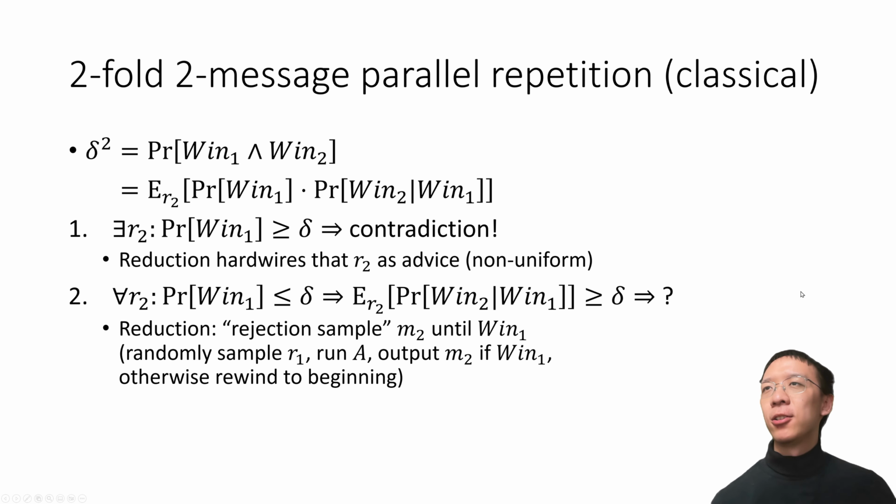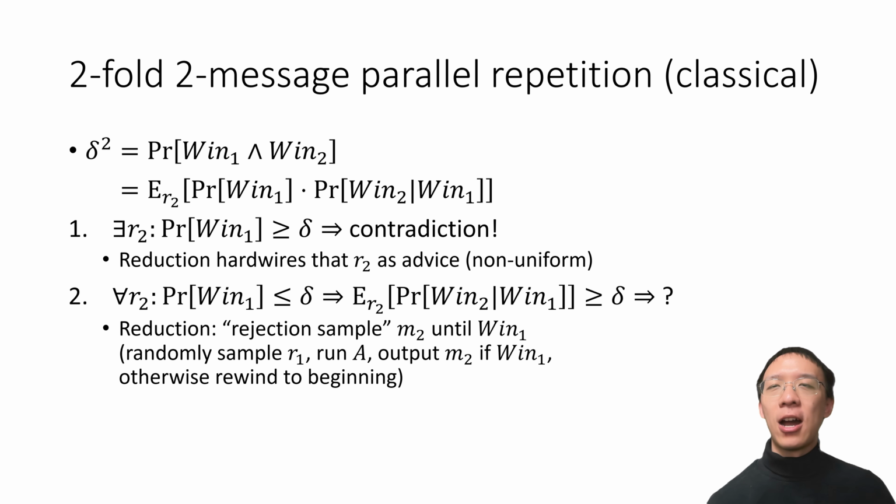So it turns out there's also a way to do the reduction. The high level idea is just that we are going to rejection sample the second fold message until the adversary wins the first fold. To flesh this out a little bit more, what the reduction does is that it randomly samples R1 and then runs the adversary, as well as forwarding the second challenge from the external challenger, and it's going to run this over and over until the adversary is able to win the first fold.